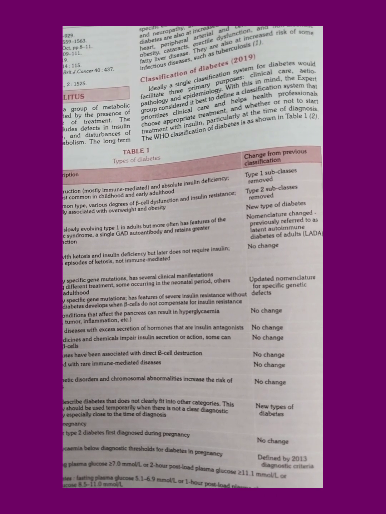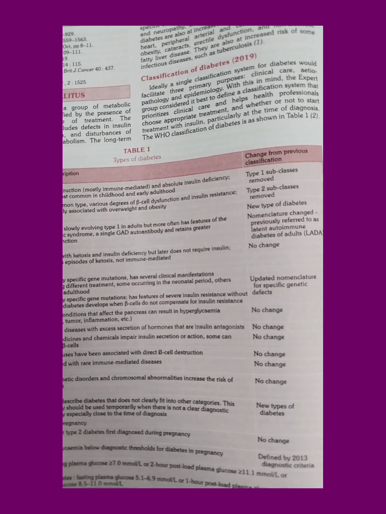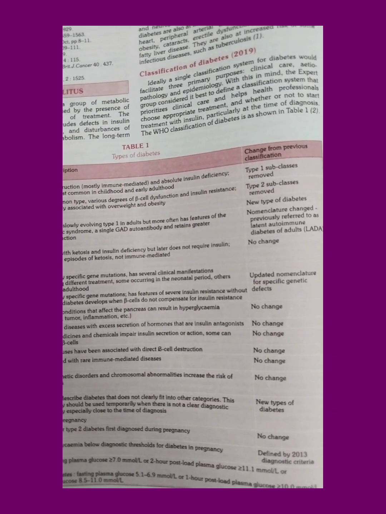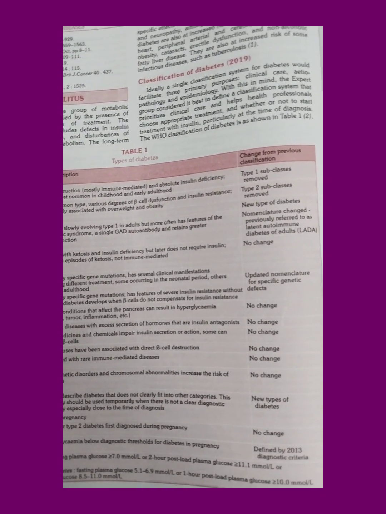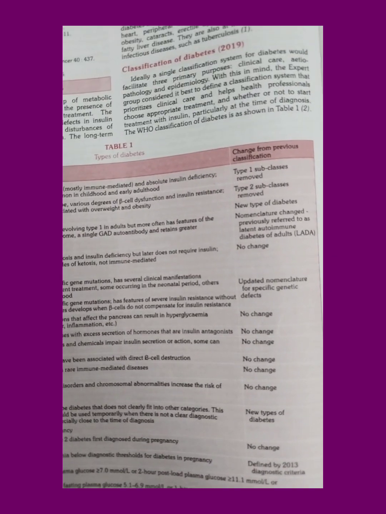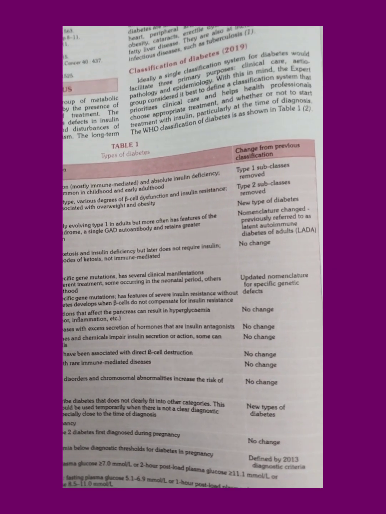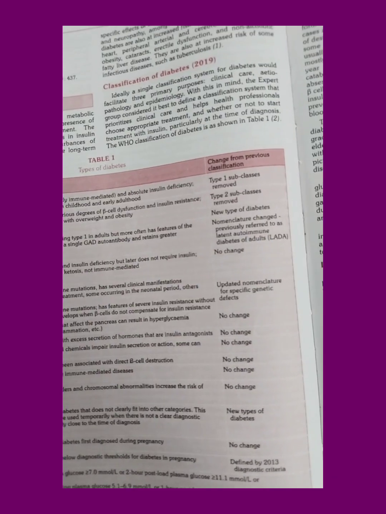Type 2 diabetes is more common than type 1 diabetes. In type 2 diabetes, there is insulin, but the receptors are not recognizing the insulin, so we call it insulin resistance syndrome.